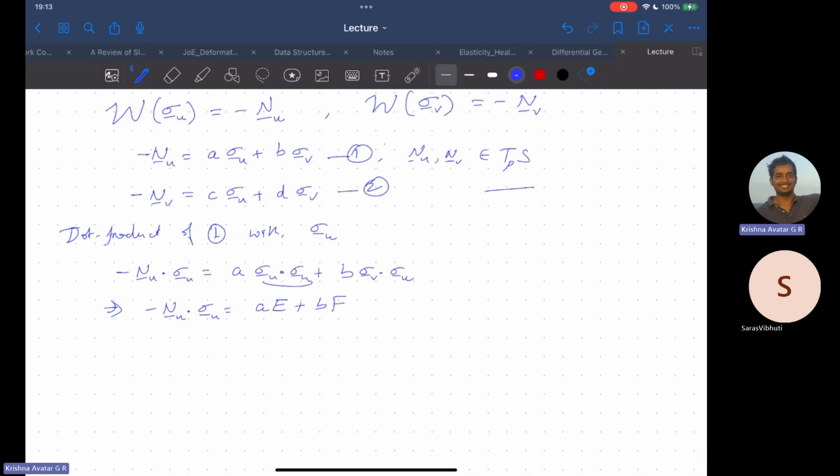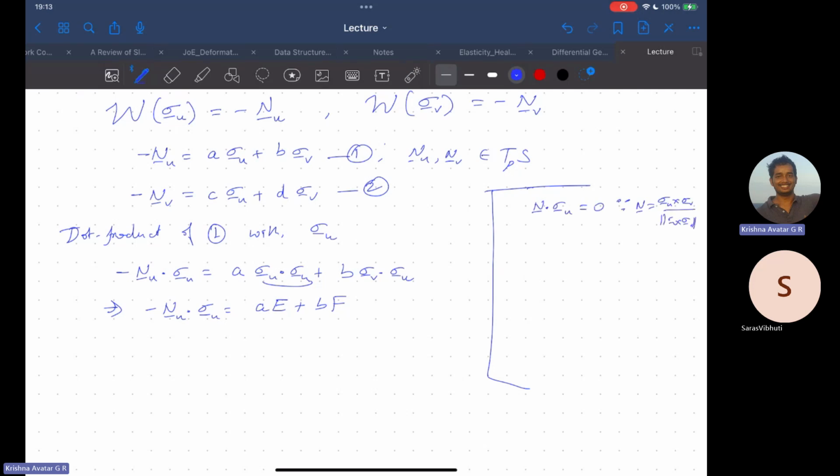Now, slight digression. We want to find the quantity on the left, which is this thing here. One thing we know from the definition is that n vector dot sigma u is 0. This we know very well, since the n vector itself is sigma u cross sigma v divided by the norm of sigma u cross sigma v.